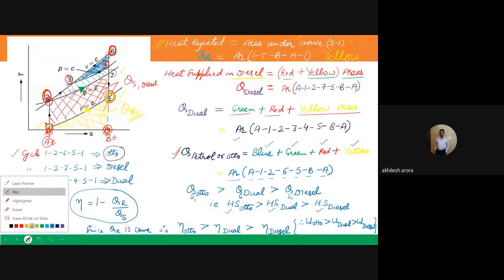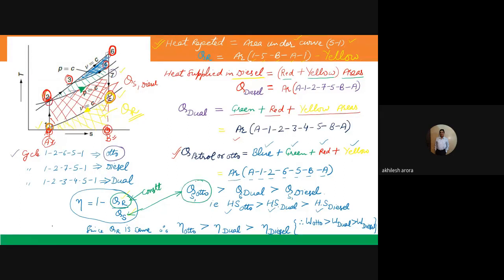Now just try to imagine this part, the heat rejected part, is a constant value, and then QS. If I put the value of Otto cycle heat supplied in this expression, I will get the efficiency of the Otto cycle. If I put it for dual cycle, I will get the efficiency of the dual cycle. And if I put the value of the heat supplied for the diesel cycle, then I will get the efficiency of the diesel cycle. Okay, so this is clear.